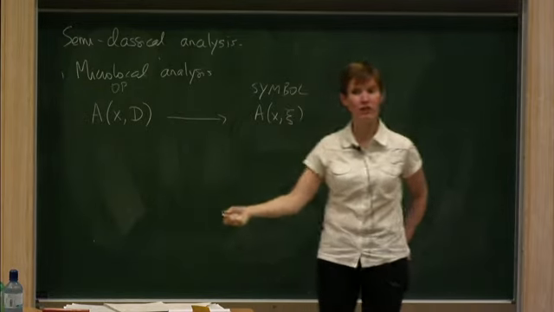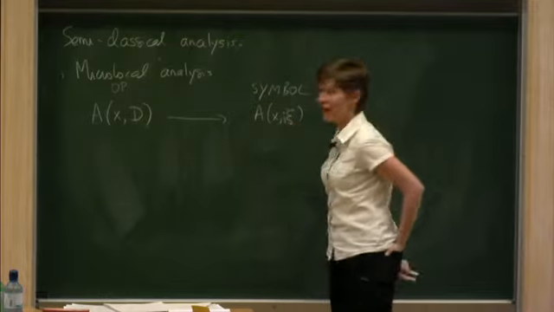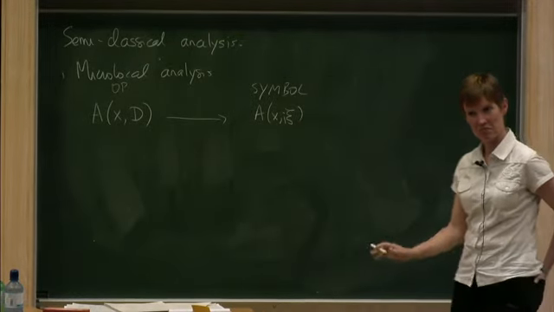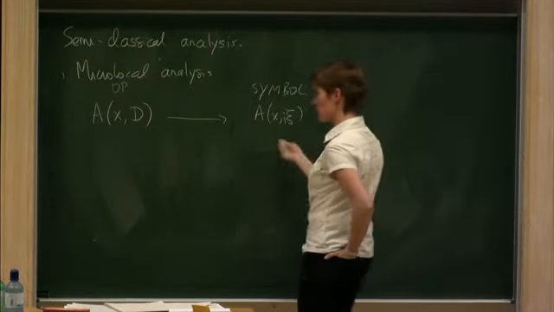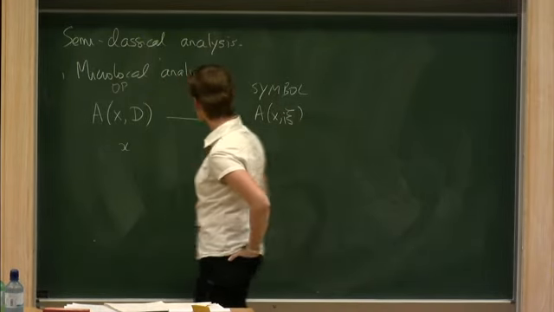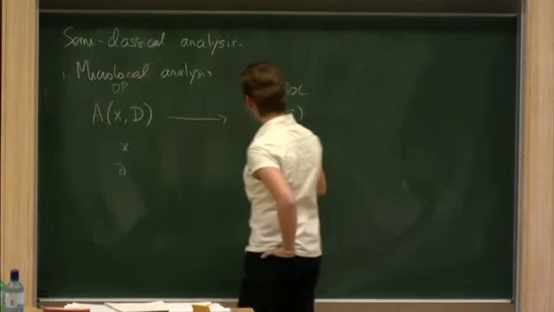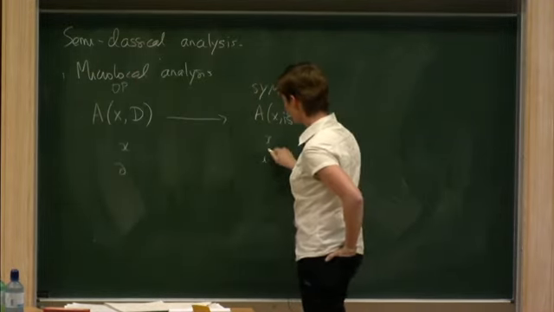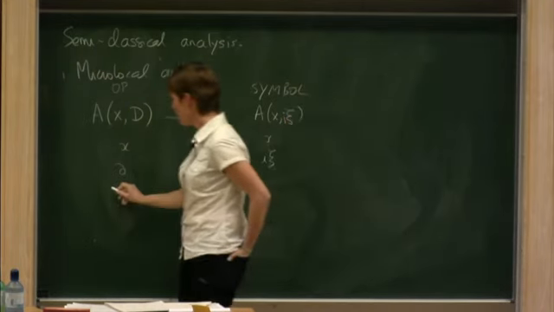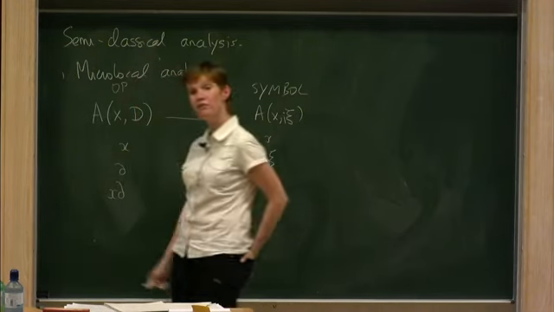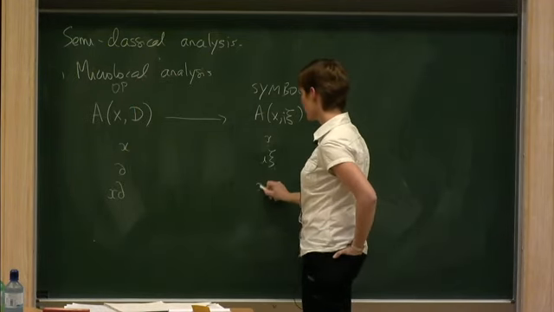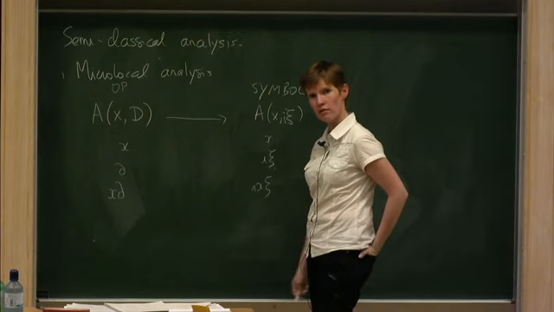Every time you see a derivative, you replace it by i xi. Just an exercise. For example, if I have x, it's x. If I have a derivative, it's i xi. If I have x times a derivative, then it's x i xi.